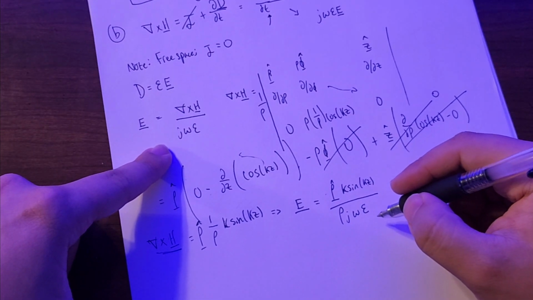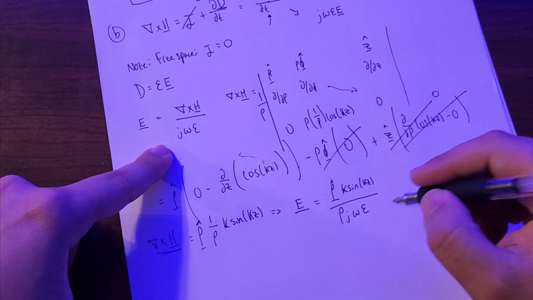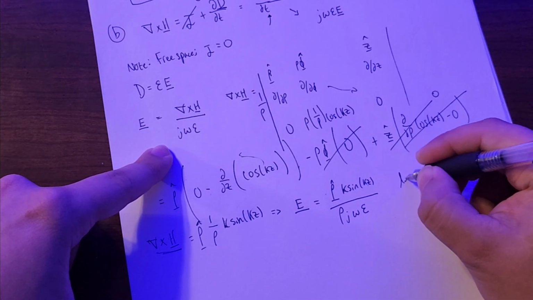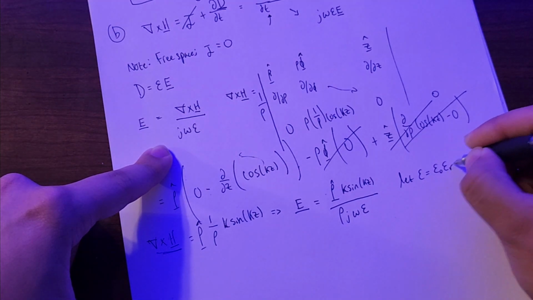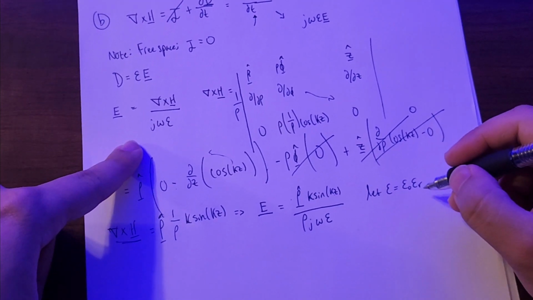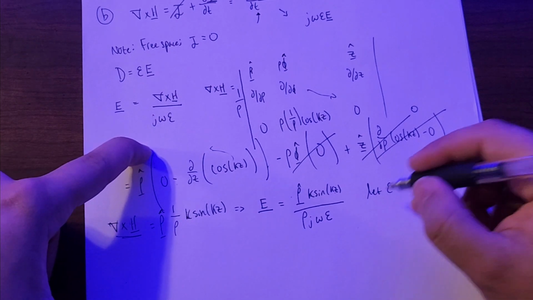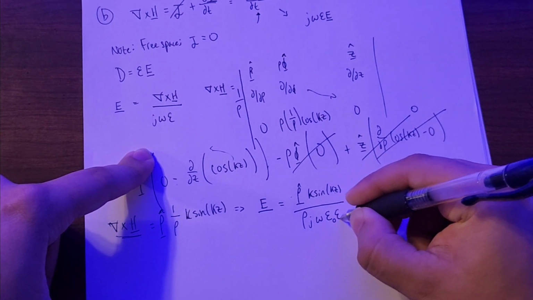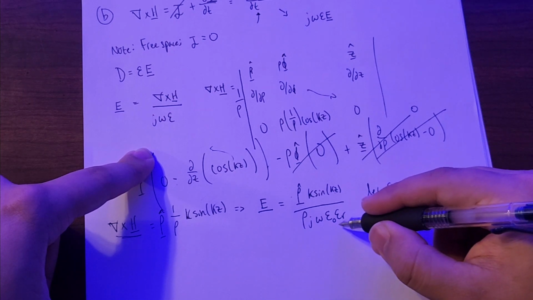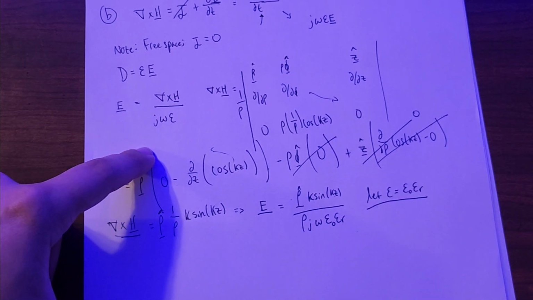We know what epsilon r is, and we know what epsilon 0 is, but we don't know what epsilon is. So what we must do is let epsilon equal epsilon naught times epsilon r. This is in a set of notes that he kind of skimmed over. Make sure to replace this epsilon with epsilon naught times epsilon r. That should give you the right answer. Let me make sure and check before I finalize that.